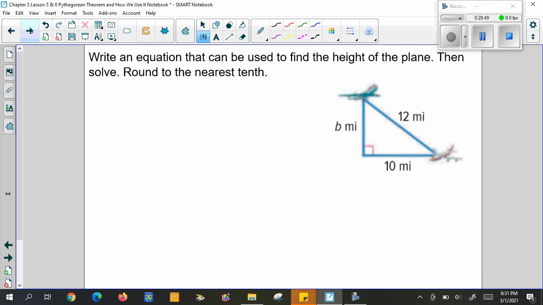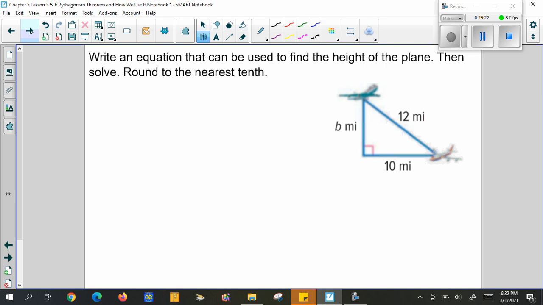Here's another type of application. Write an equation that can be used to find the height of the plane. Then solve. We have two planes flying in different directions. What we know is that there's a horizontal distance of 10 miles, and the exact distance between them is 12 miles.